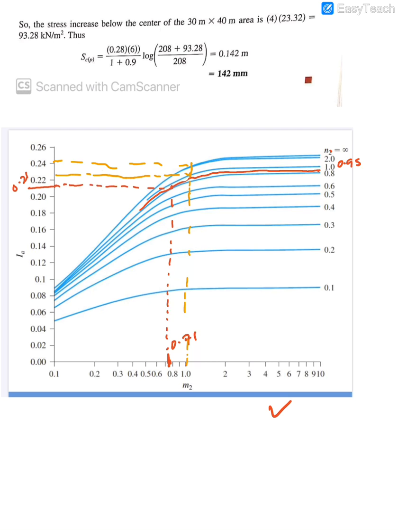Use the ruler. Okay, use the ruler. 0.225. Right.